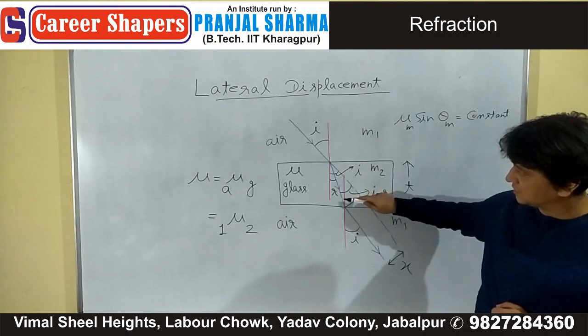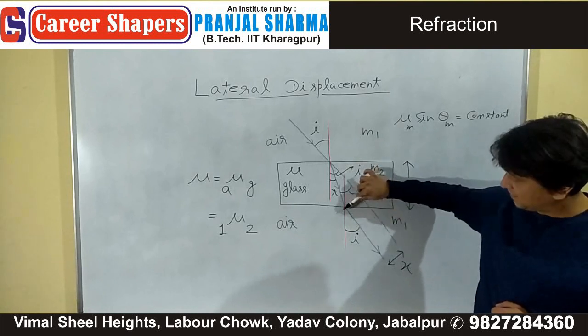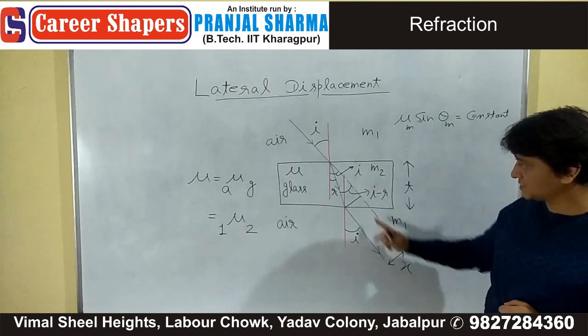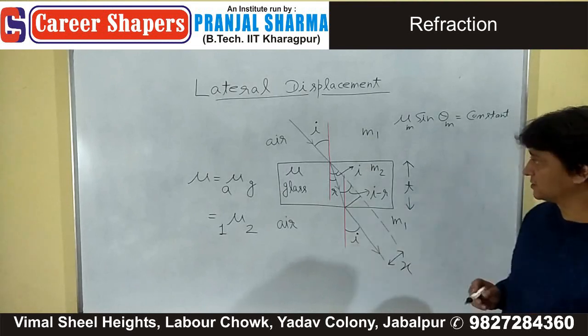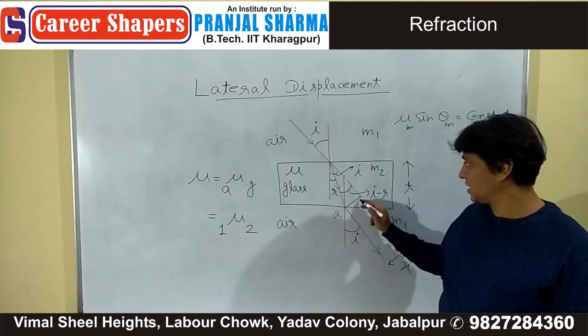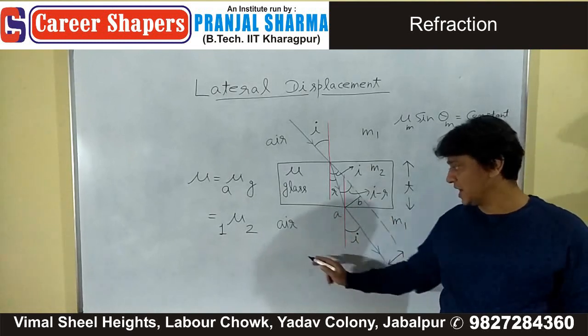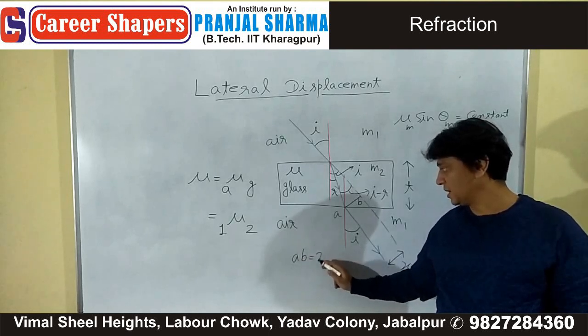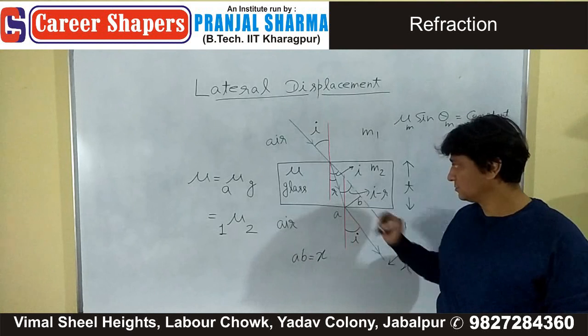Before this, they are not. After this, both these are parallel, and therefore this is X, this is also X. Let's call it A, B. Our aim is to find AB. This AB is X.